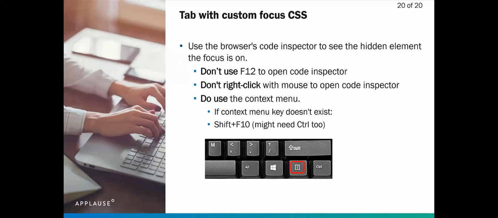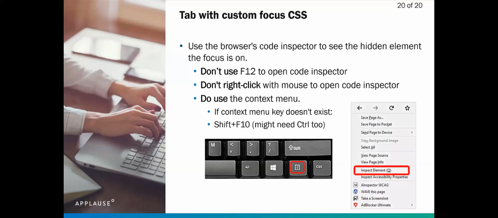If you have an Alt key and a Windows logo key, then it could be to the right of that. But press that button. If you don't have that key on your keyboard, you can also use Shift F10. Sometimes you have to do Control Shift F10 if you want the keyboard equivalent of a right mouse click or the menu button.